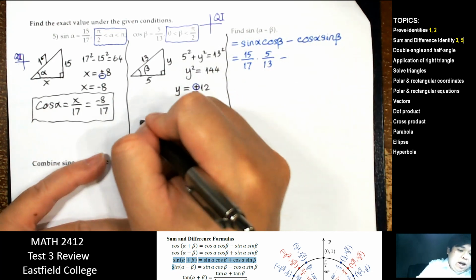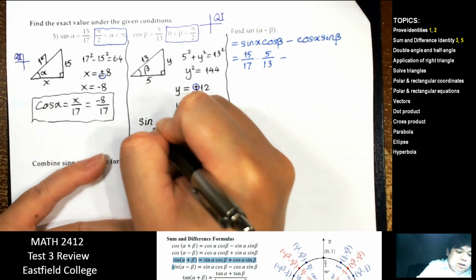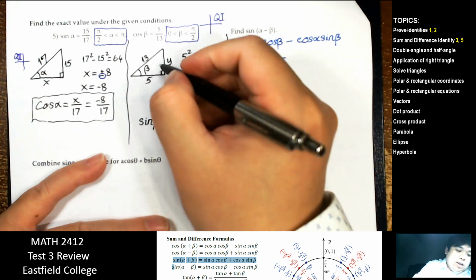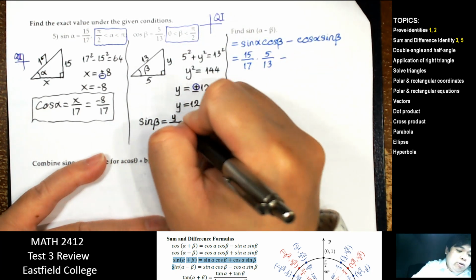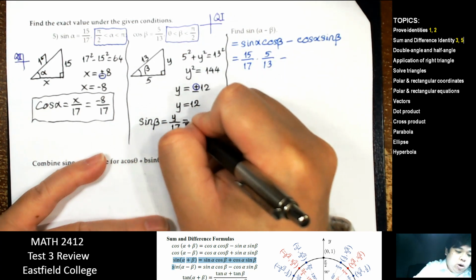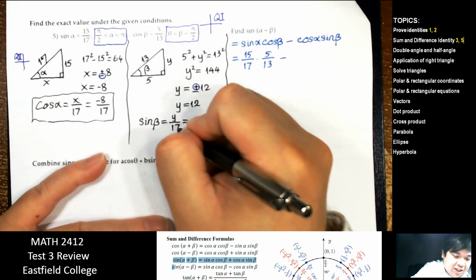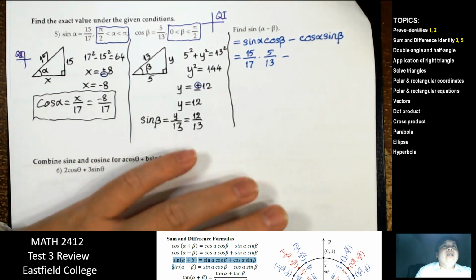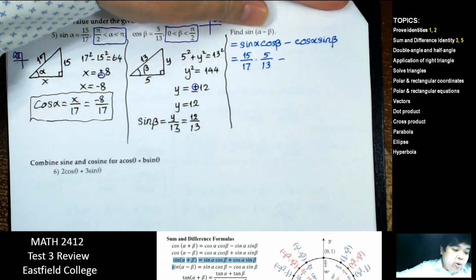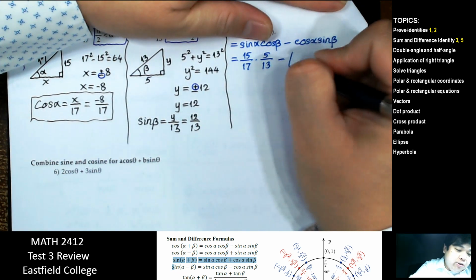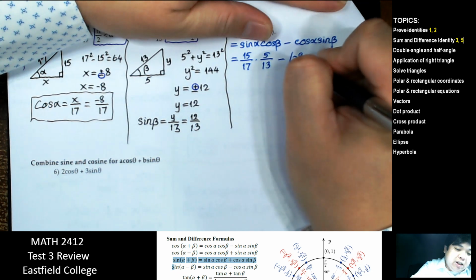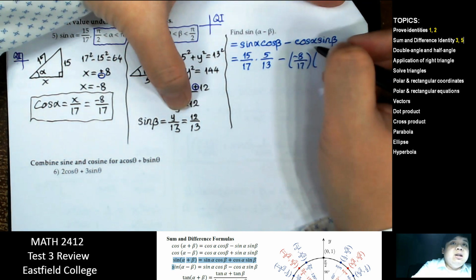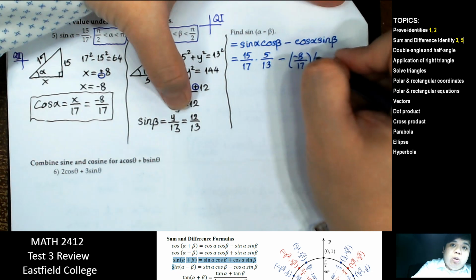And with that, we have sine of beta is opposite over hypotenuse, so 12 over, I'm sorry, 13. 12 over 13. And now we put everything we know here. Cosine alpha, negative 8 over 17. And sine beta, 12 over 13.